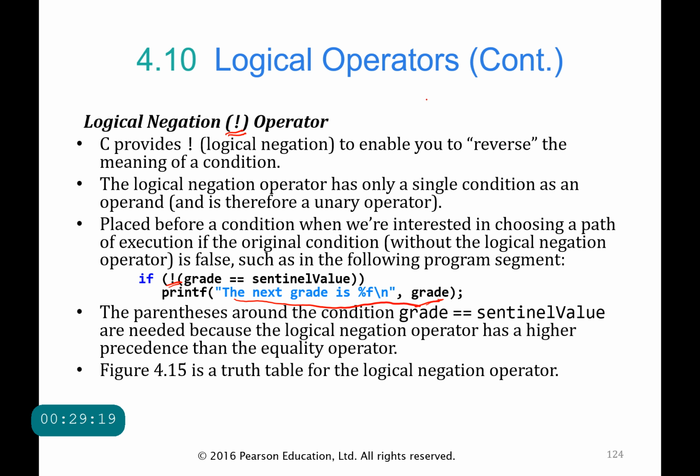So if grade is sentinel value, let's say, I think the sentinel value we used was -1, so if the grade was -1, so if this is a sentinel value, what that means is this will be true, and what we have here is a not, so that converts it into false.